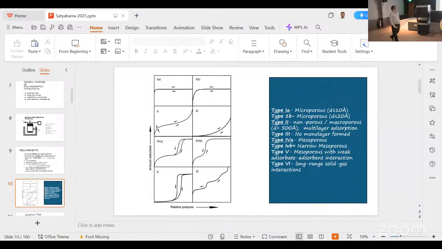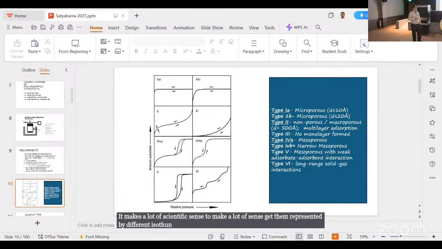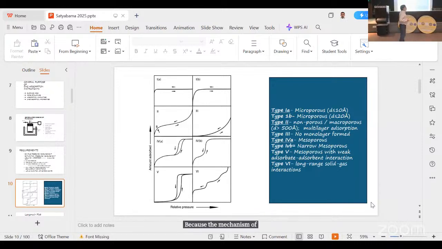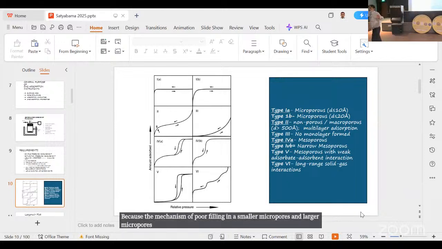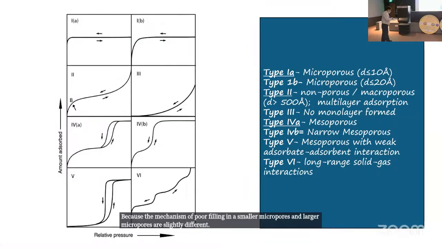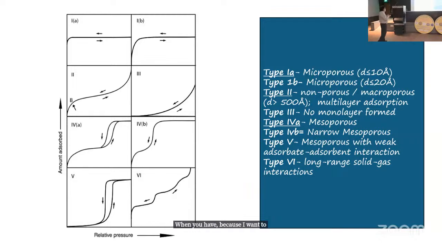It makes a lot of scientific sense to get them represented by different isotherms because the mechanism of pore filling in smaller micropores and larger micropores are slightly different. Because I won't have detailed slides on micropores, let me tell you at least those things.